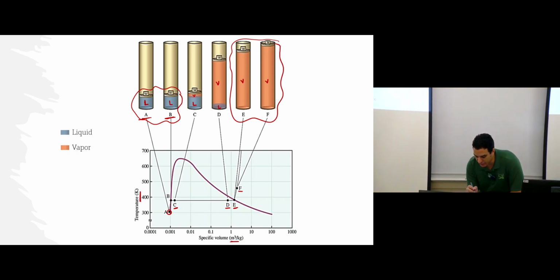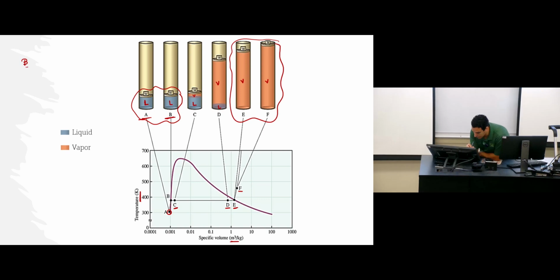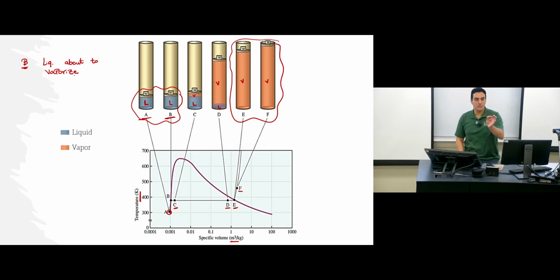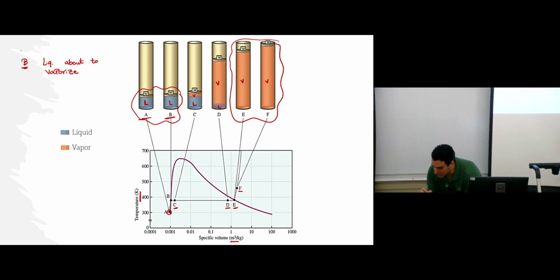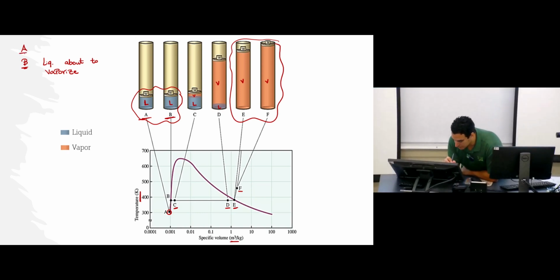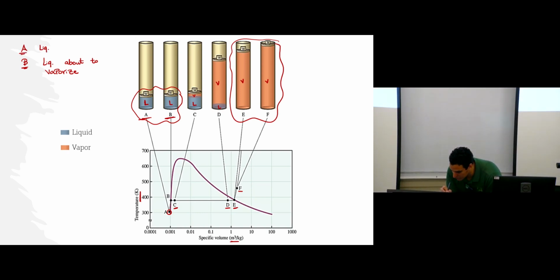So here we have case B, liquid about to vaporize. Any small amount of heat added to this liquid will cause phase change. But in case A, we have liquid that is still far away from vaporization.